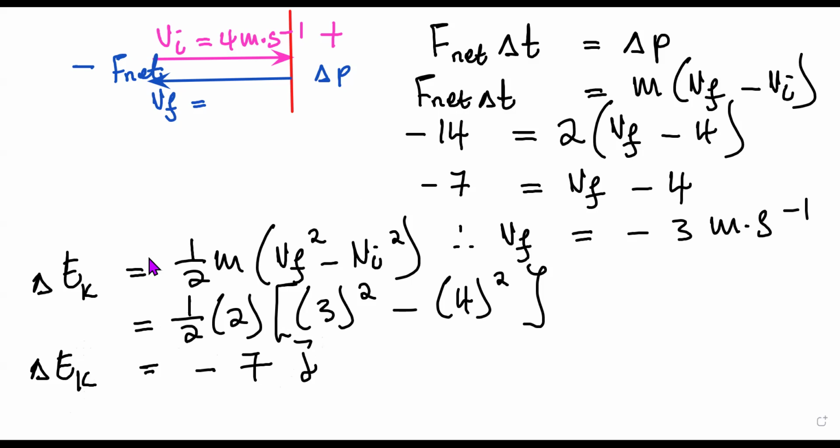So yes, if we press this into the calculator, we find that the change in kinetic energy will simply be negative 7 joules. And it makes sense that the change in kinetic energy is negative. Why? Because it tells us that this box has lost kinetic energy. It's true, because we said every time when we have two things that are colliding, then this was an inelastic collision, whereby the kinetic energy before won't be equal to the kinetic energy after.